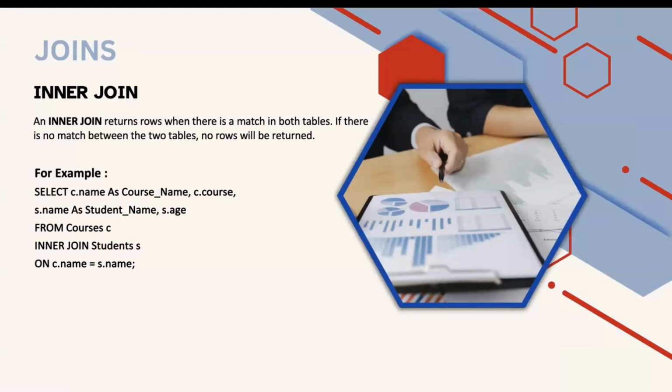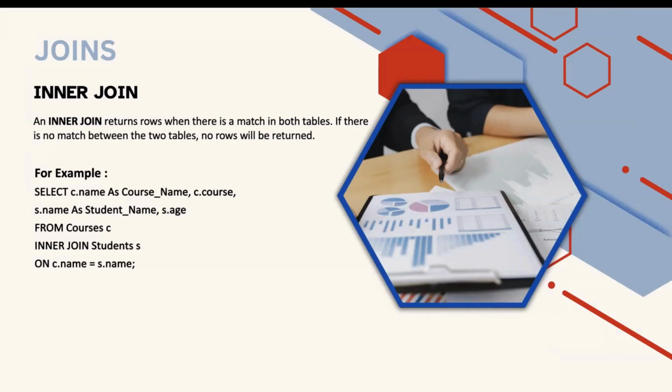For example, here I'm taking the courses table and the students table, where I'm keeping the name as the common field in both tables, showing the name of the students who are enrolling and who also have the name in the student table.